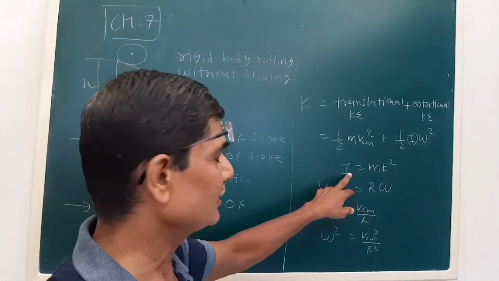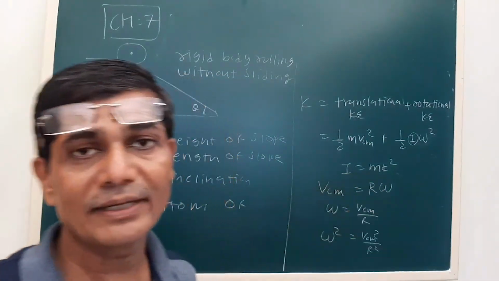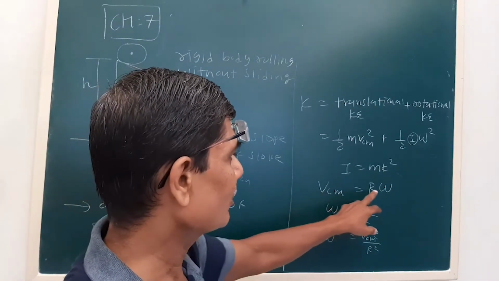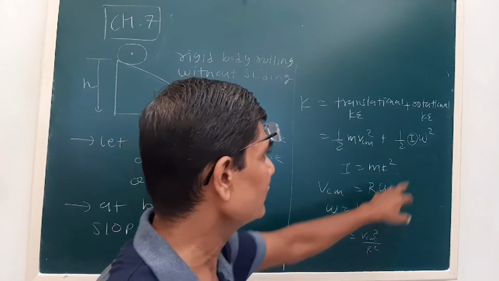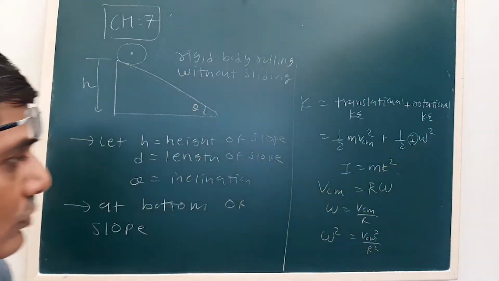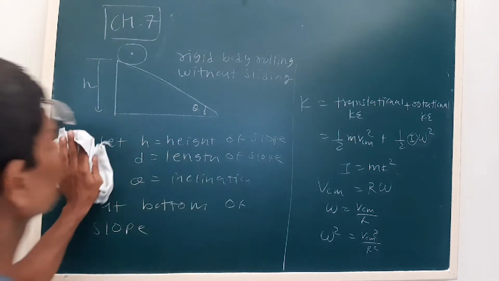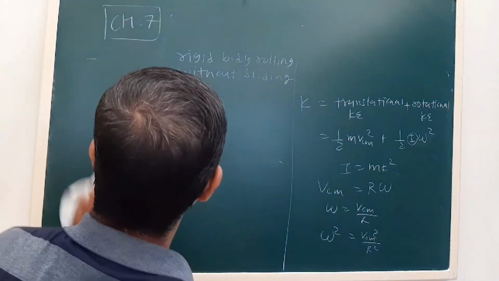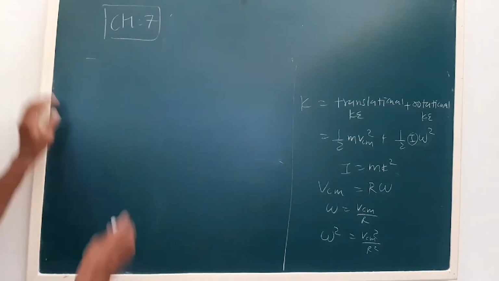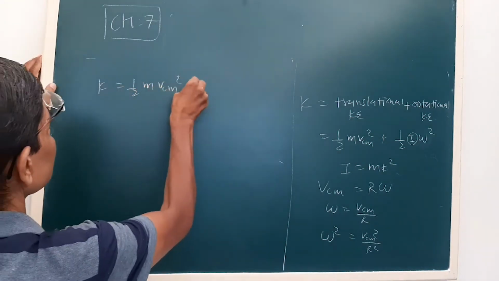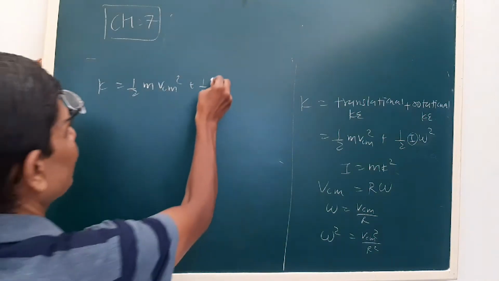Now see, earlier we have seen the relation I is equal to mk square, where k is the radius of gyration. VCM is R omega, so omega will be VCM by R. Here we want omega square, so we can write like this. Now if I substitute this value, I is equal to mk square.